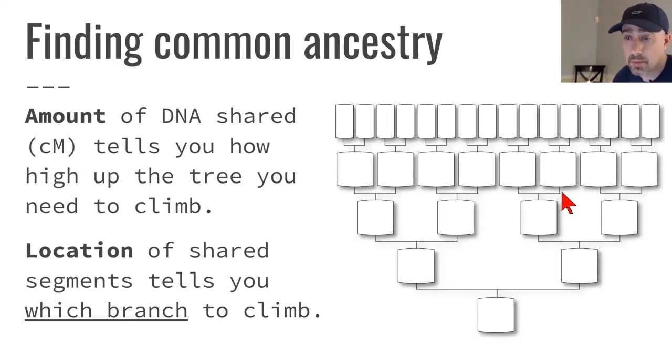So to summarize that previous slide, I would say the amount of DNA shared, total centimorgans, gives you an idea of how high up the tree you need to climb to find the common ancestors, whereas the location of the shared segments tells you which branch you need to climb to get to those shared ancestors.